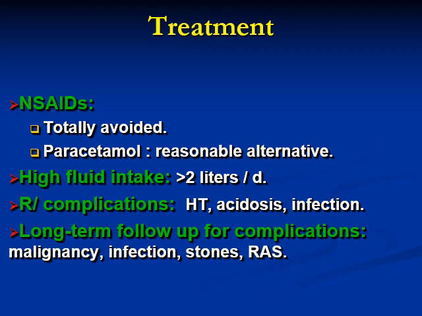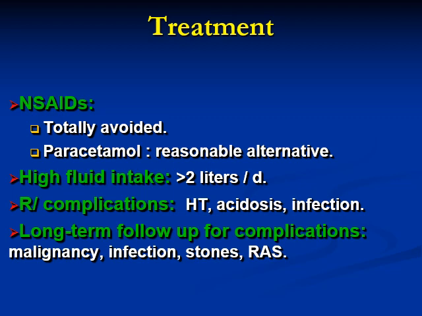The prophylactic treatment for analgesic nephropathy is that you have to totally avoid the non-steroidal anti-inflammatory drugs, and paracetamol is a reasonable alternative. You have to instruct the patient to maintain a high fluid intake exceeding 2 liters per day.